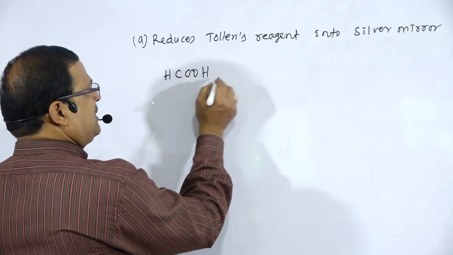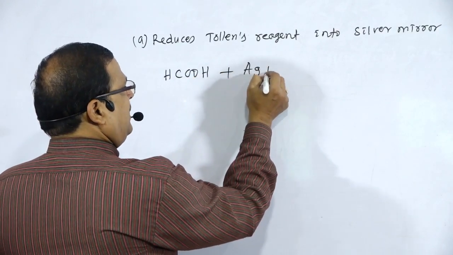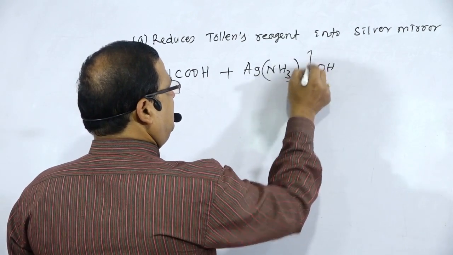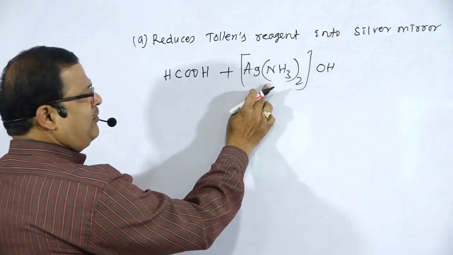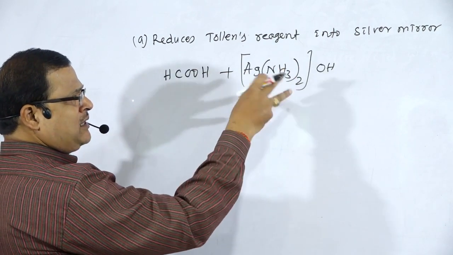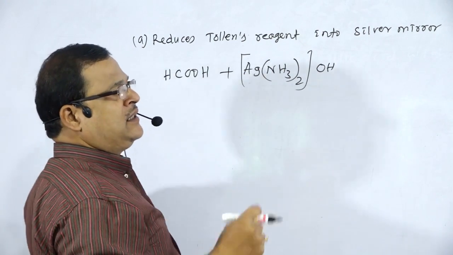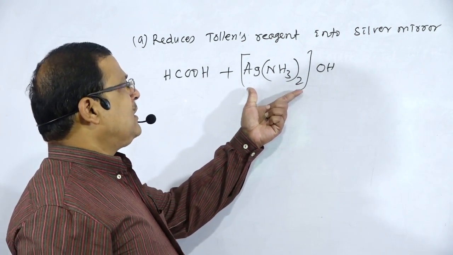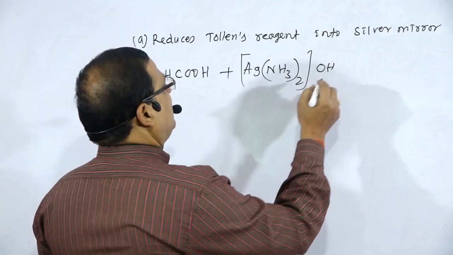HCOOH, that is formic acid, plus Ag(NH3)2 OH, that is ammoniacal silver nitrate. After the intermixing, ammoniacal silver nitrate means ammonium hydroxide and silver nitrate. There is the formation of this complex, and this is the Tollens reagent. So what will the product be?